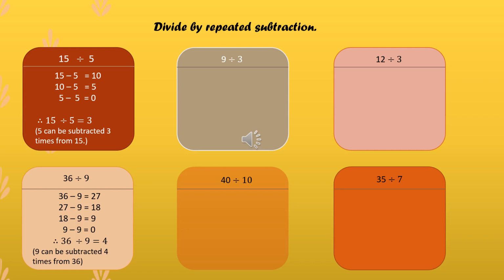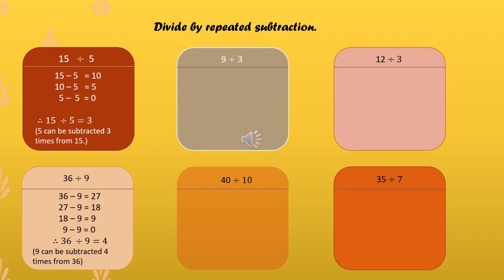Let's take one more example. 36 divided by 9. So we will subtract 9 from 36. Right? Now let's see how many times it can be subtracted. 36 minus 9 equals 27.